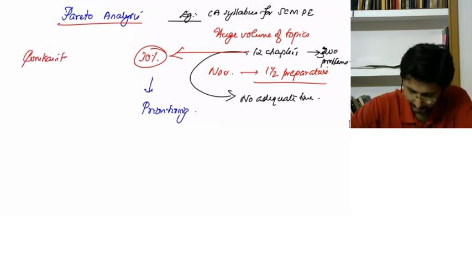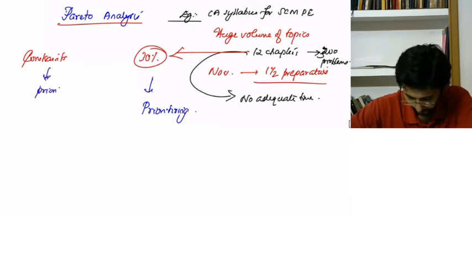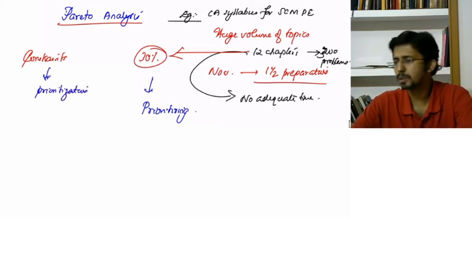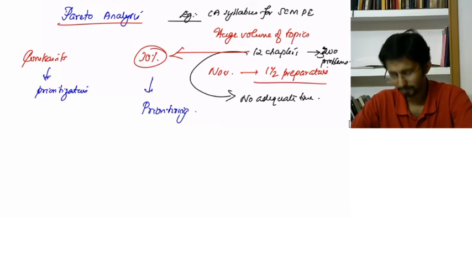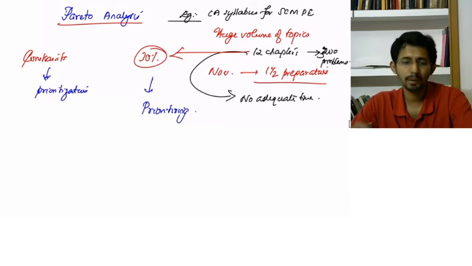There are certain constraints which force you to have a prioritization. The constraint could be time or anything. You are forced to do some prioritization.